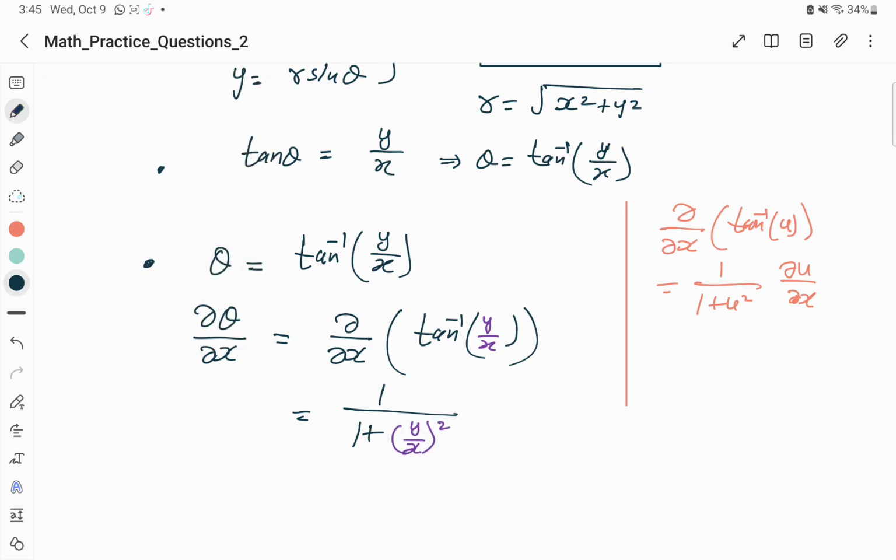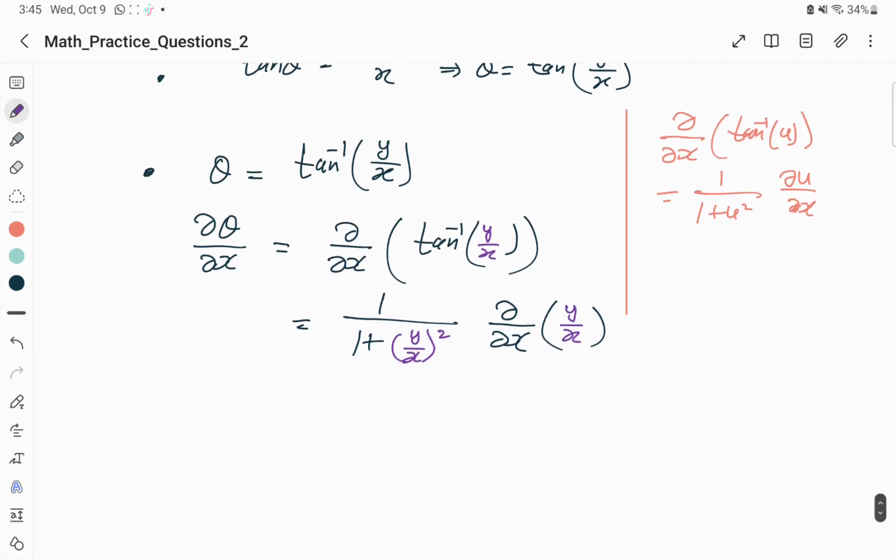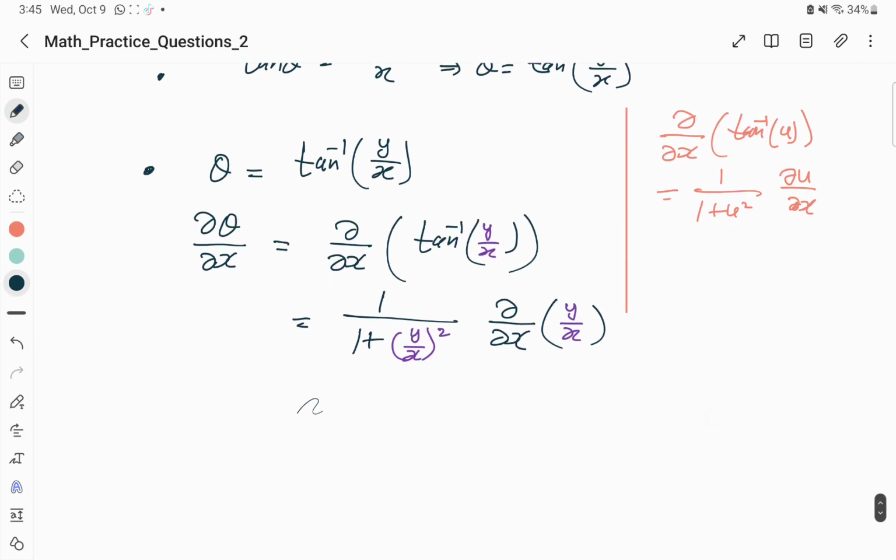Then we multiply with the derivative of u with respect to x by using this chain rule. Now let's simplify everything.